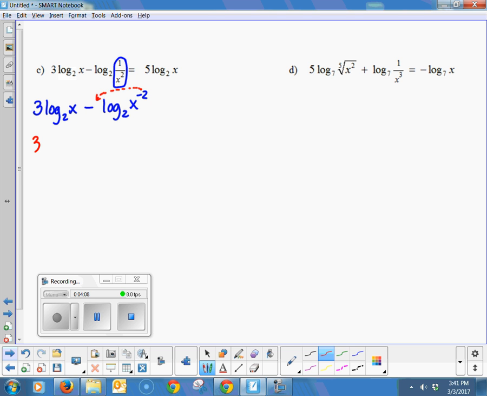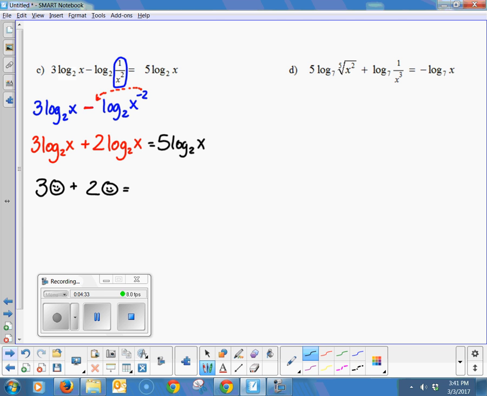And so what we get is 3 times log base 2 of x. And negative 2 times this negative makes it positive 2 times log base 2 of x. And once again, what we have is 3 times a thing plus 2 times a thing. And that equals 5 times the thing.